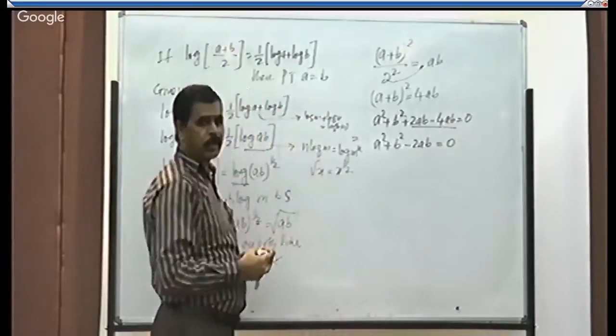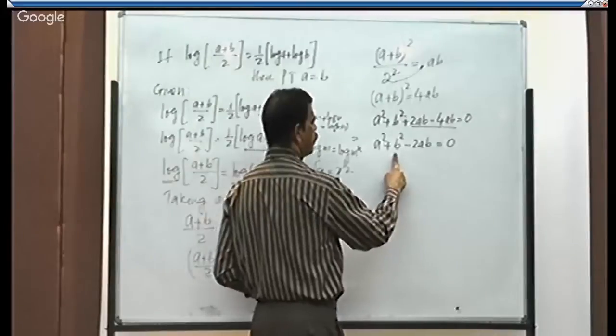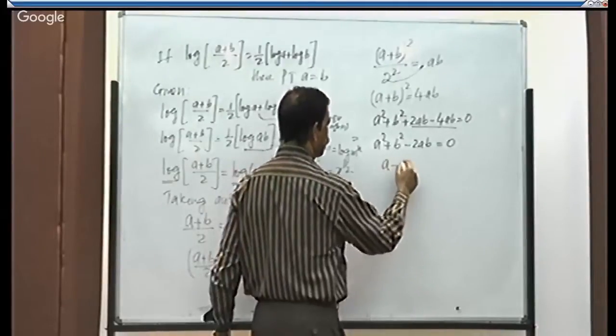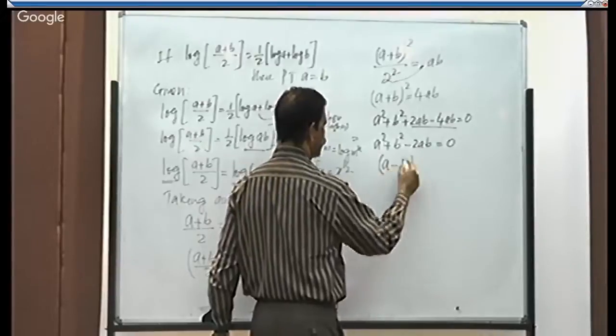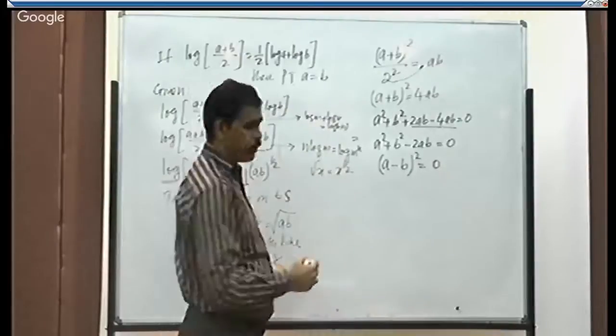Look at the remaining terms: A square plus B square minus 2AB. It is the formula for A minus B whole square. So A minus B whole square is equal to 0.